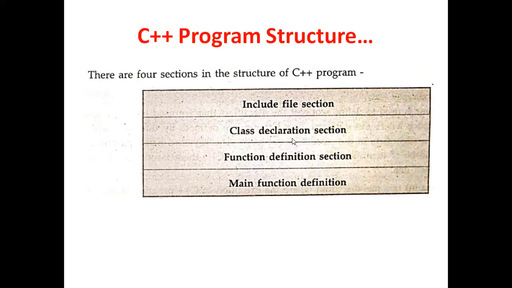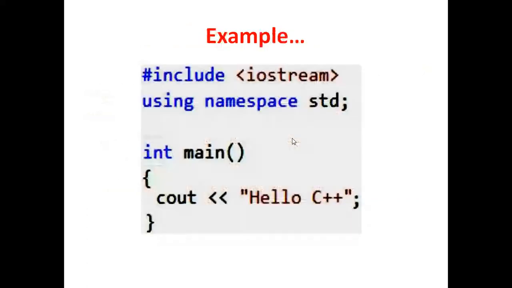Here is a very simple, or we can say the first program of C++ programming, which consists of include iostream, which is a header file, using namespace std. Then we have not written any other classes in this simple program. We have directly written the main class, which has a return type as integer.